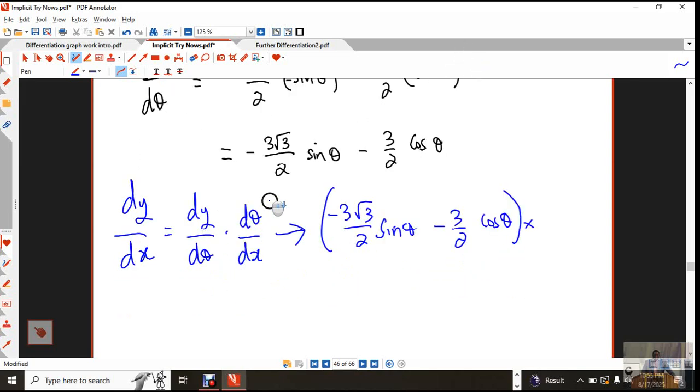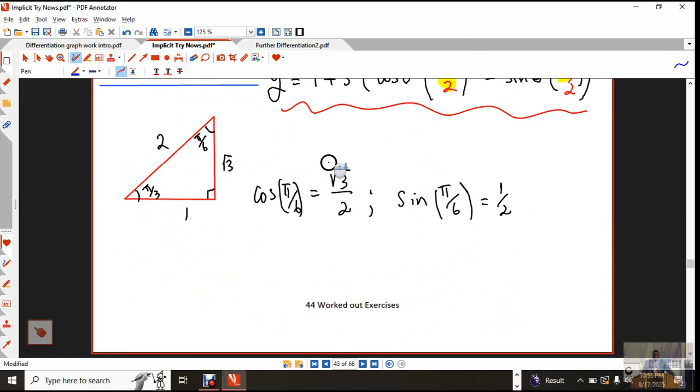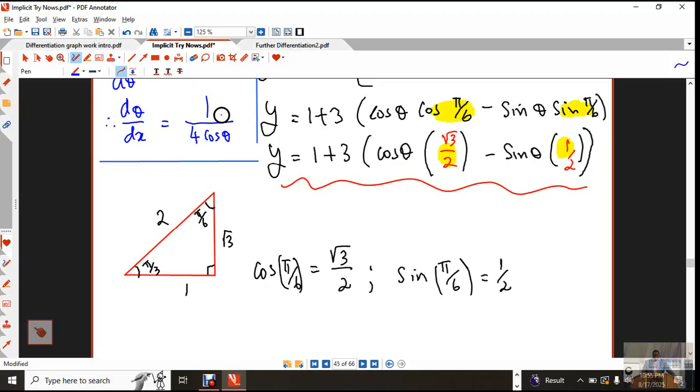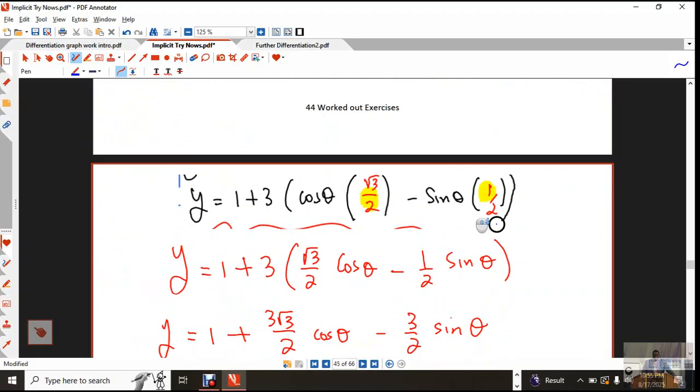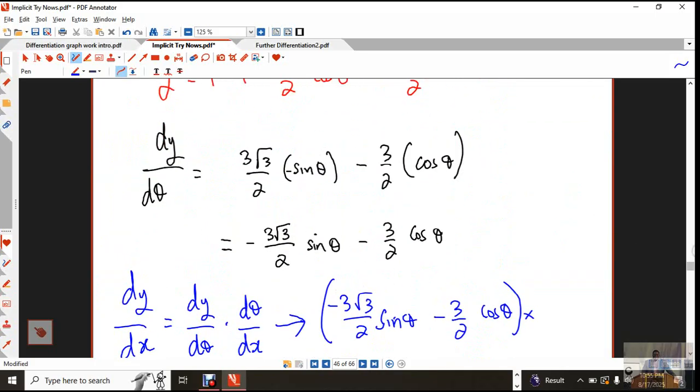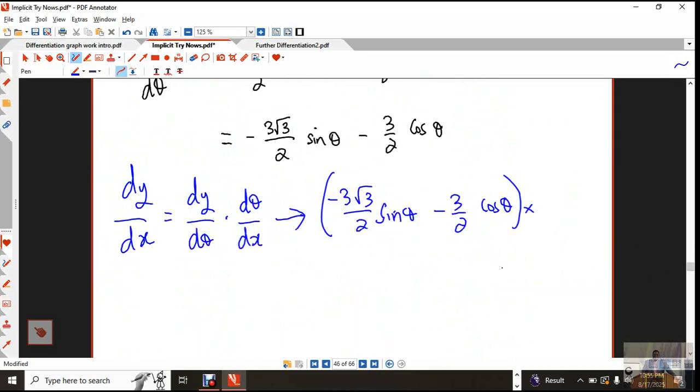So let's just quickly go back all the way to find it. All right, it is 1 over 4 cos theta. So we're going to multiply all of this by 1 over 4 cos theta.